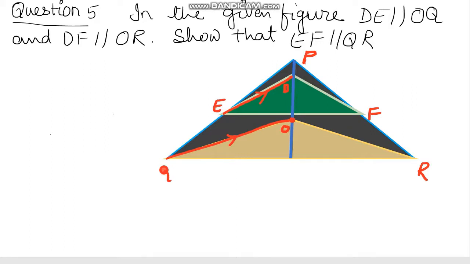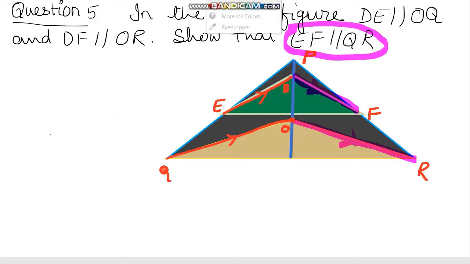See, this is DF, and this is OR. So DF is parallel to OR. So these are the two conditions, and you have to show EF parallel QR. This is what we have to show. EF parallel QR. Now let us see how we can move forward.